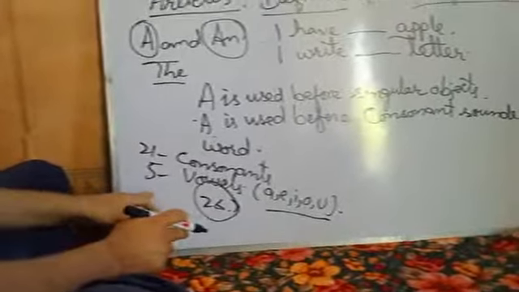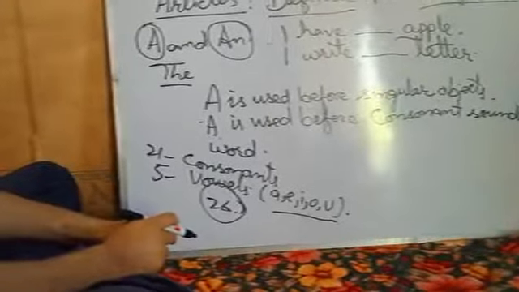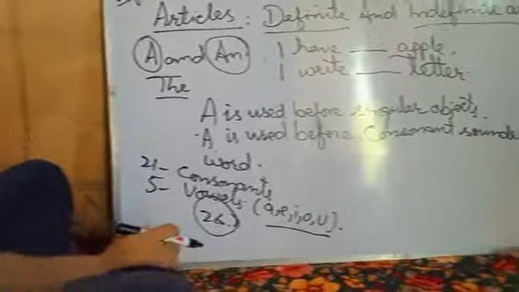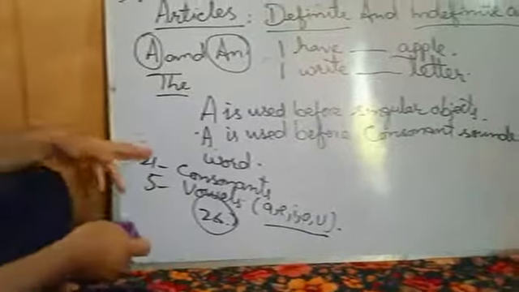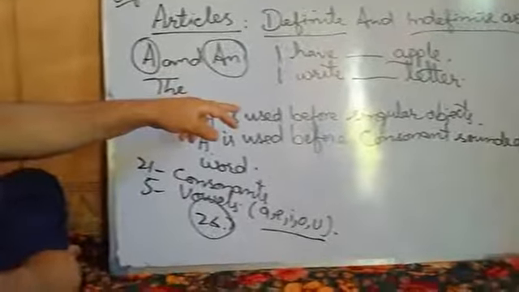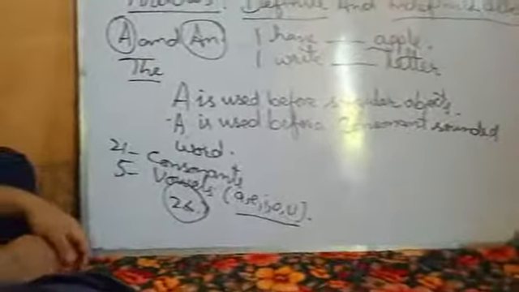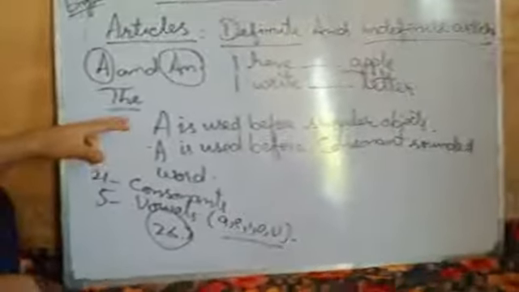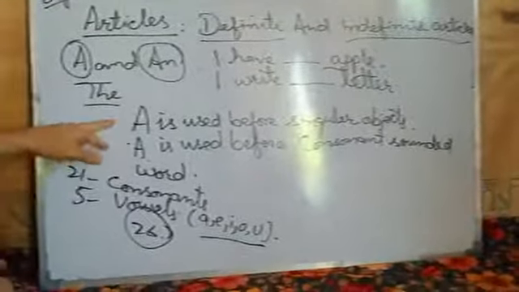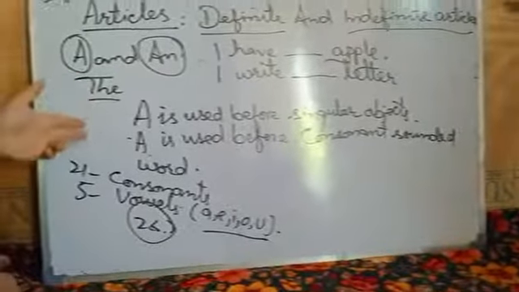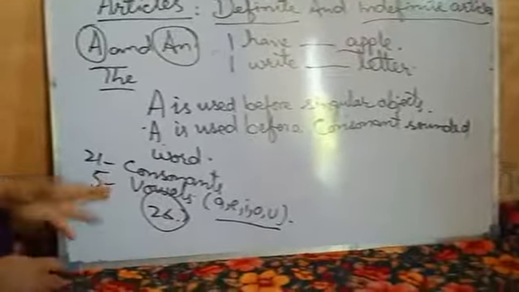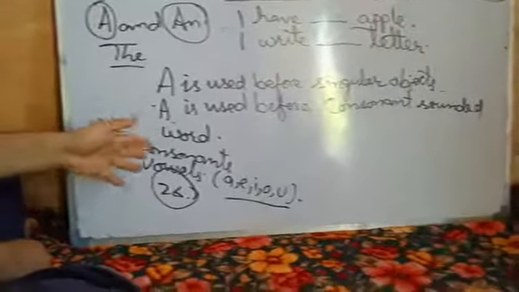Among 26, 5 are vowels and 21 are consonants. A is used before a singular object when it gives a consonant sound. An is used before a vowel sounded word. The difference is only consonant sounded word and vowel sounded word.